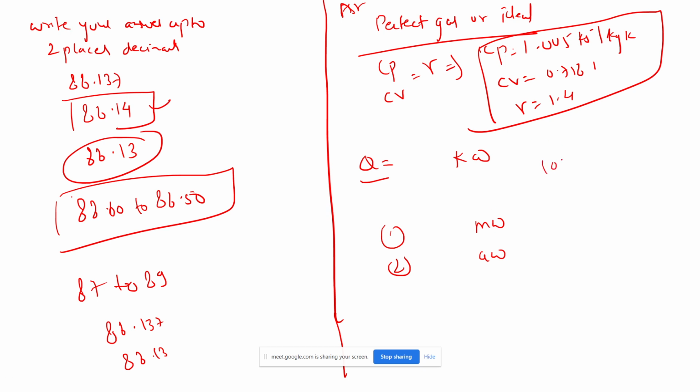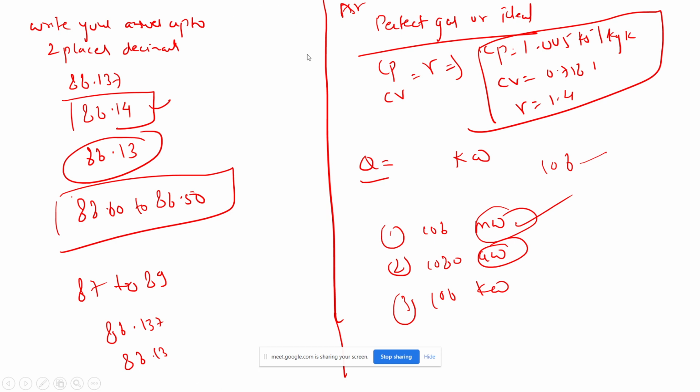Suppose your answer is coming 108. One of the options might be 108, 1080, like this. If you get 108, you will take this without reading the units. So you have to see the units first. The third option they will give 108 kilowatt. So always remember the units which they have asked to calculate.